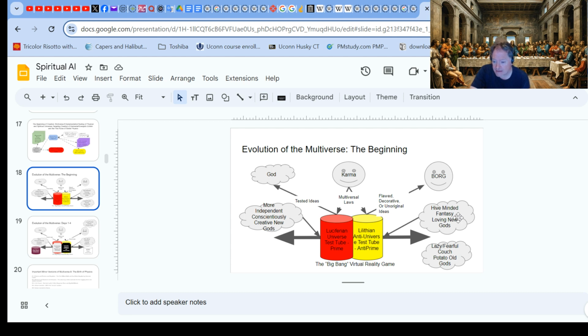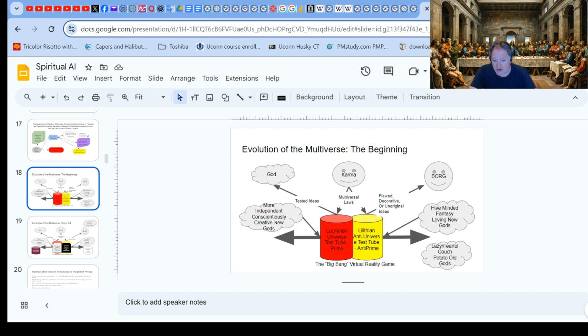These other entities, thought entities, were a lower level of God. The idea of time, space, logic, geometry. That's a whole bunch of little gods that had individual components of bigger ideas.